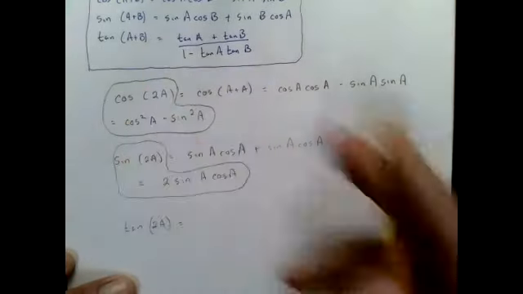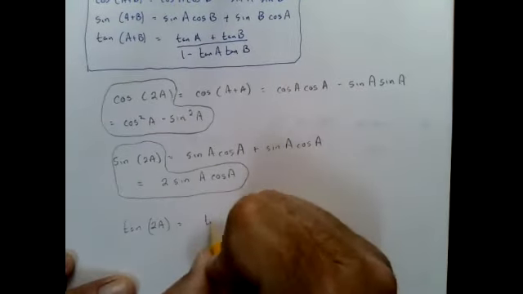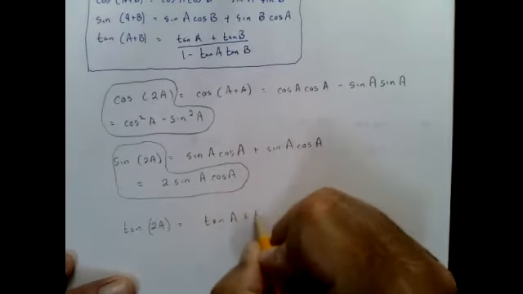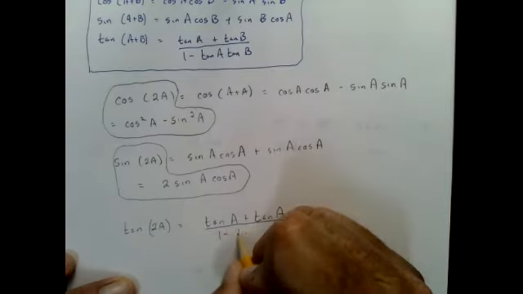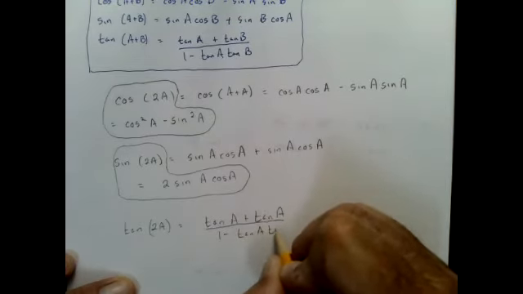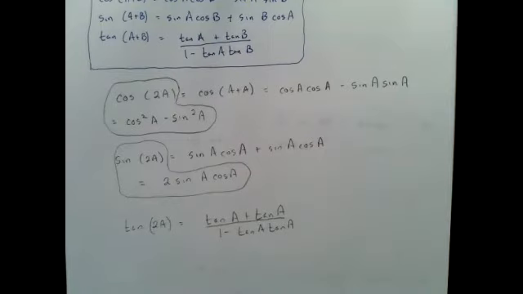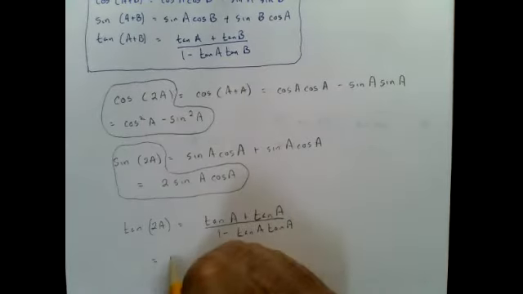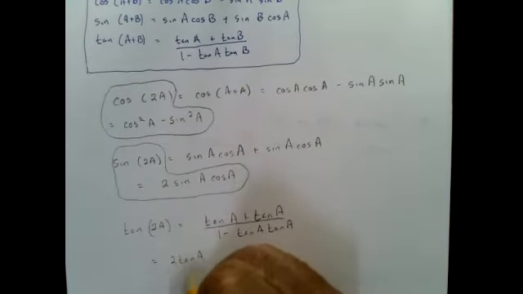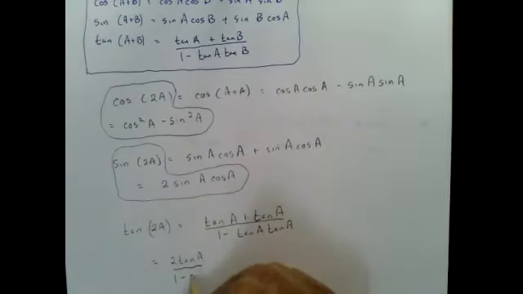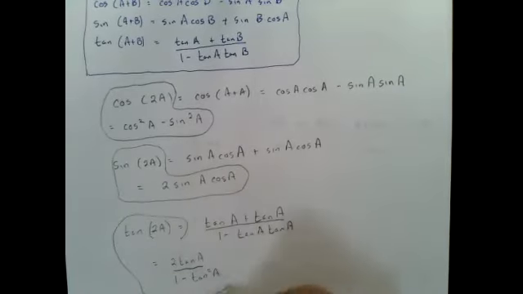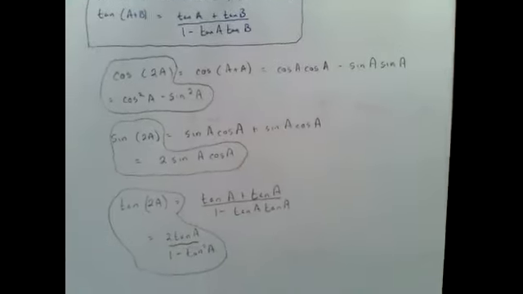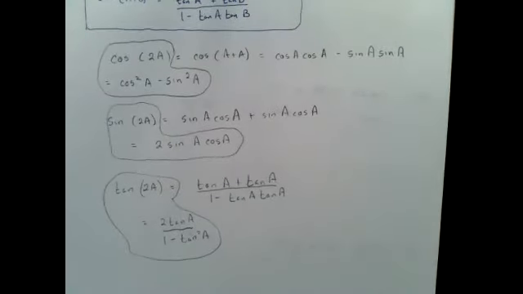Again, that's A plus A. So that's going to be tangent of A plus tangent of A over 1 minus tangent of A times tangent of A. So this is going to equal 2 bananas over 1 minus the tangent squared of A. Yahoo!